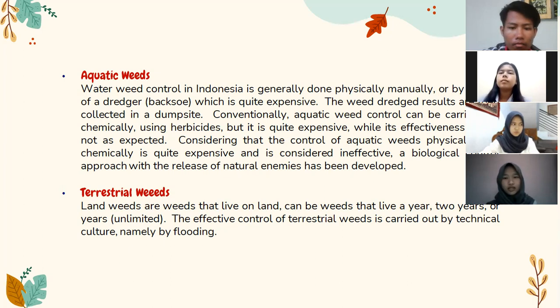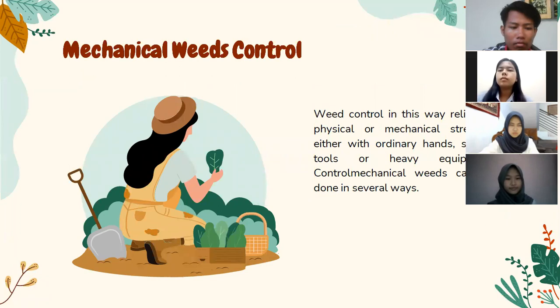Considering that the control of aquatic weeds physically and chemically is quite expensive and is considered ineffective, a biological control approach using natural enemies has been developed. Terrestrial weeds are weeds that live on land, can be weeds that live a year, 2 years, or unlimited years. The effective control of terrestrial weeds is carried out by a cultural technique named flooding.